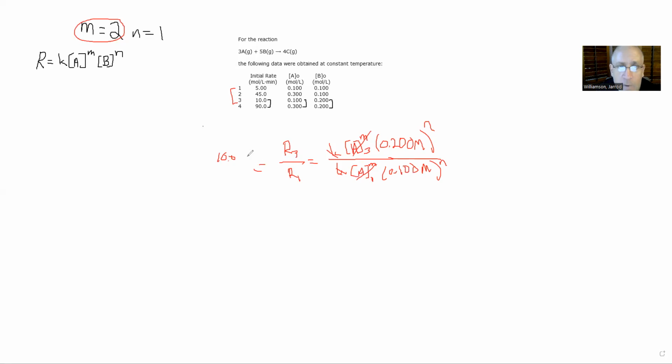10.0, and that's moles per liter per second over 5 moles per liter per second. But like I said in the previous problem, we know that those units are going to cancel out. 10 divided by 5 is going to be 2.